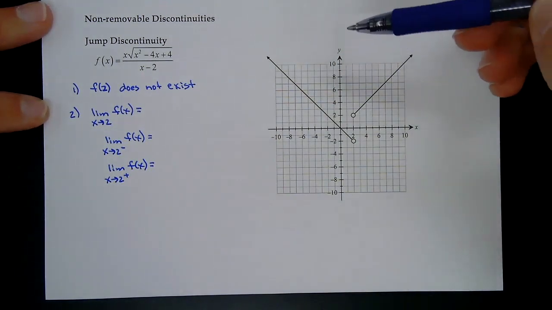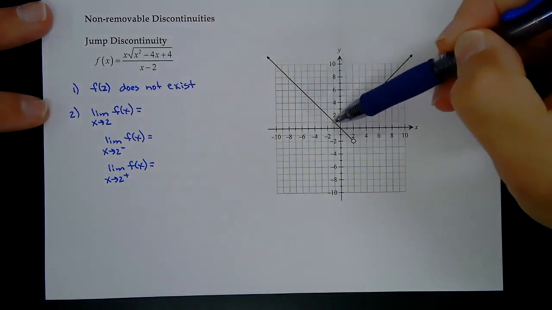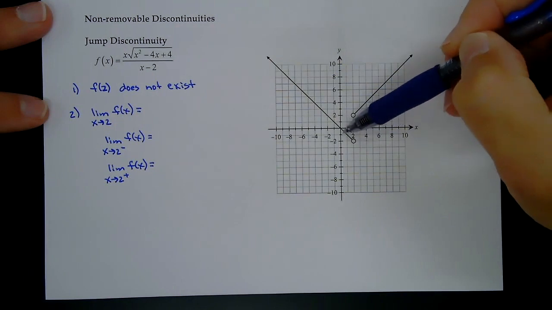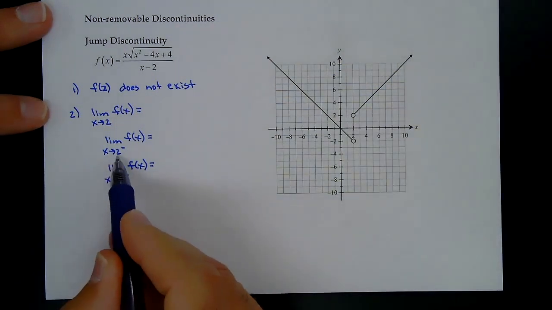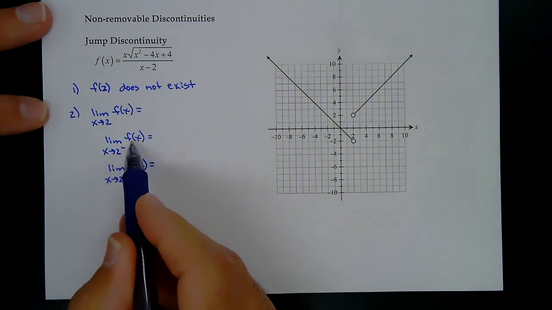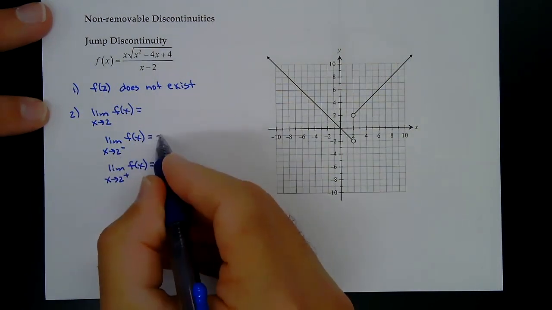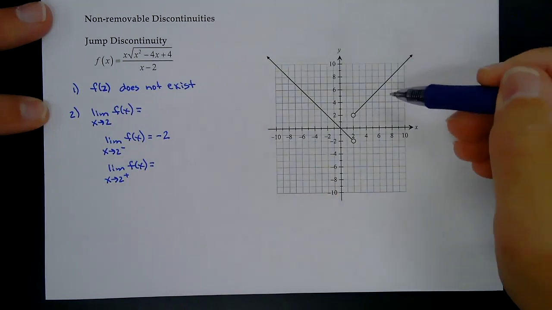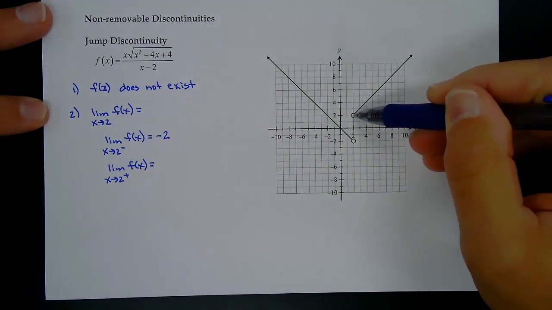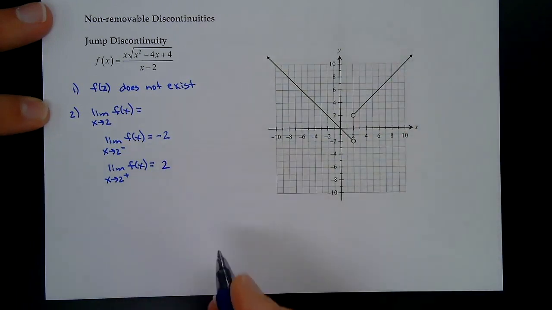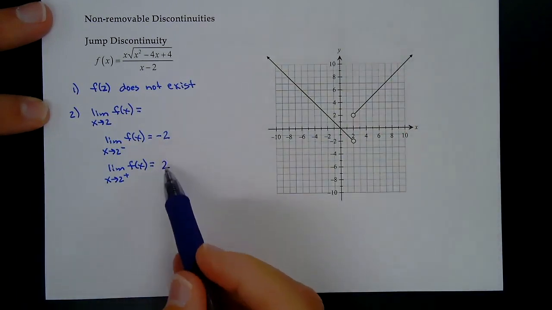And for this one, we're going to do it graphically, okay? So from the left of 2, as we approach it, we think it's approaching negative 2. So as x approaches 2 from the left, f of x is approaching negative 2. And from the right, as x approaches 2, the function is approaching positive 2. And those aren't in agreement, right? Those aren't the same.